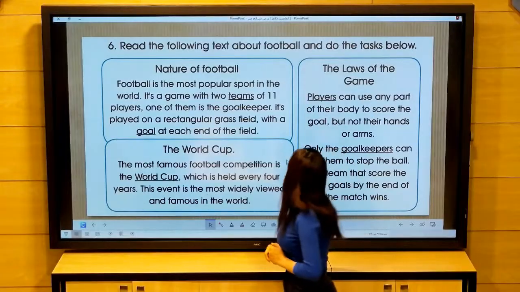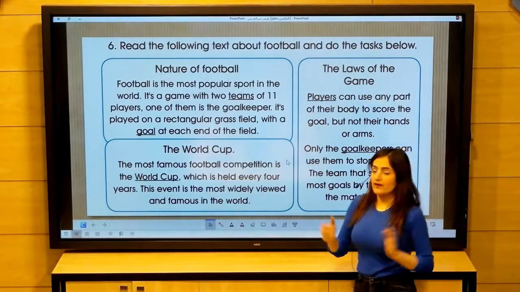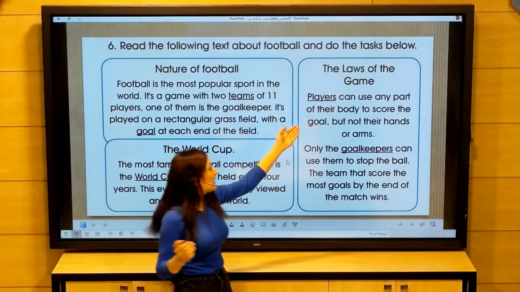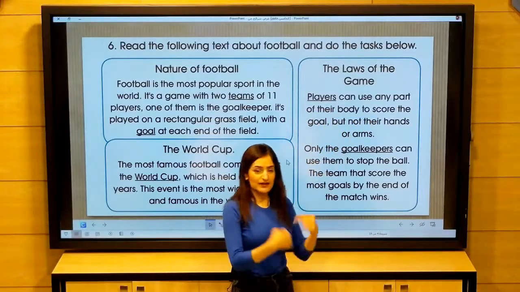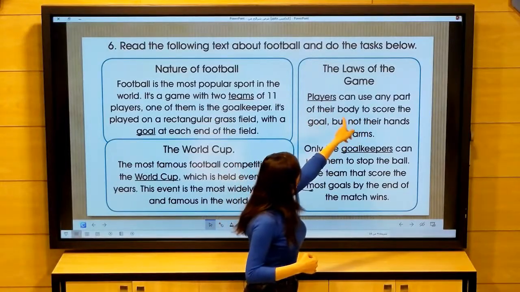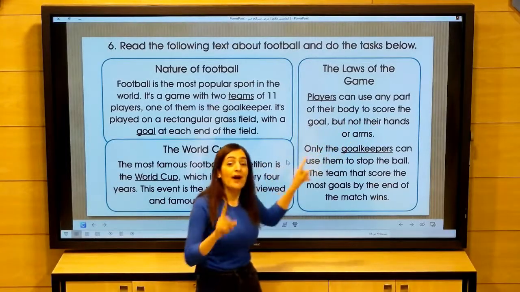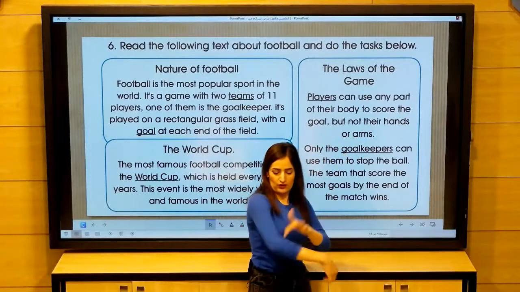Now, the laws of the game. Players, 11 players can use any part of their body to score the goal, but just not their hands or arms.